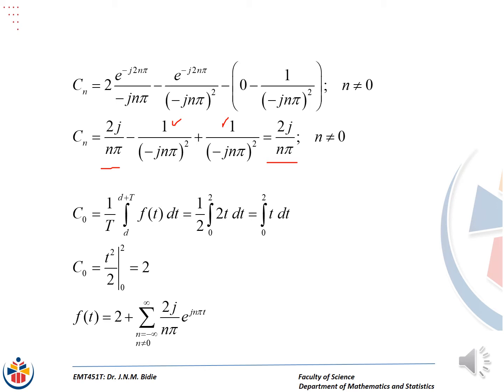And then we have to calculate C naught yet again, and please confirm that the answer for C naught is 2. And then we substitute Cn into the summation multiplied by e to the power j n pi t for n not equal to 0, and C naught equal to 2.